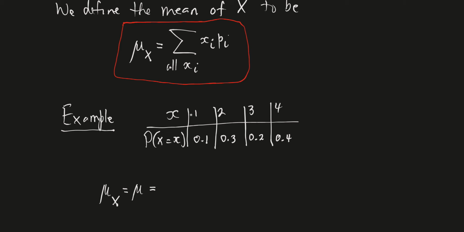Now that I know there are only four possible values of X, I can write k going from 1 to 4, and then it will be xk times the associated probability, right? So this is what it would look like if I knew exactly how many elements are in the sample space. And again, the idea is that we're going to multiply these corresponding values, these pairs of numbers, and then add them together.